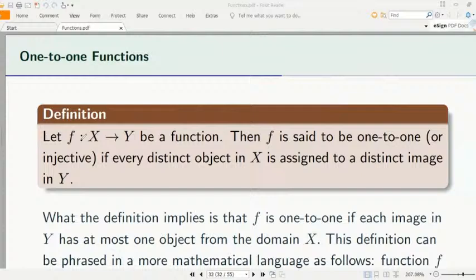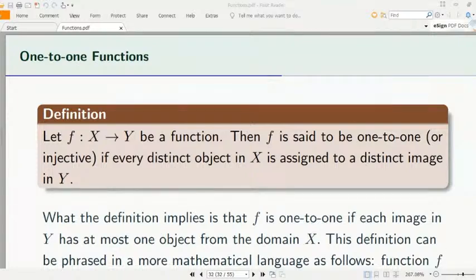So the definition is here. Let f, assigning elements of X to elements of Y, be a function. Then f is said to be one-to-one or injective if every distinct, different object in X is assigned a distinct, different image in Y. That's a very important definition, and I've already used those diagrams to make it clear, so you can look at them in your own time.